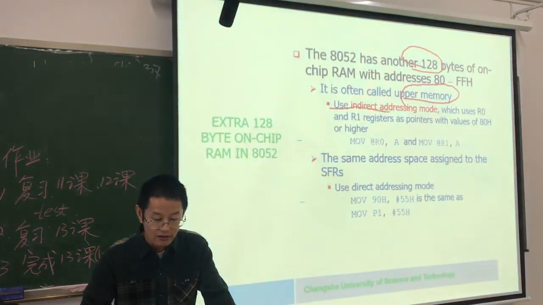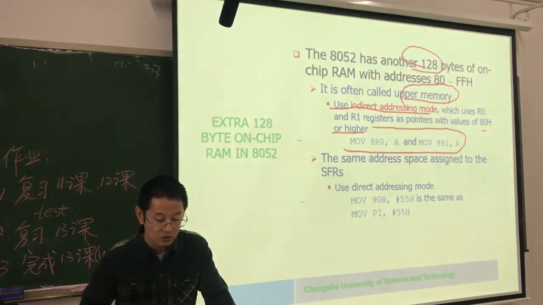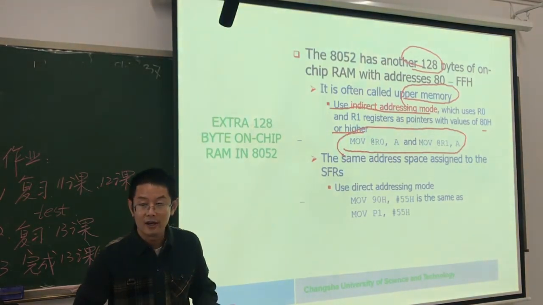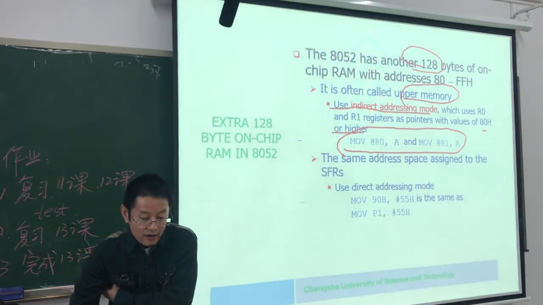Use the indirect addressing mode, which uses the R0 and R1 registers to point to values of 80H or higher. Just use code like this to access the upper memory.